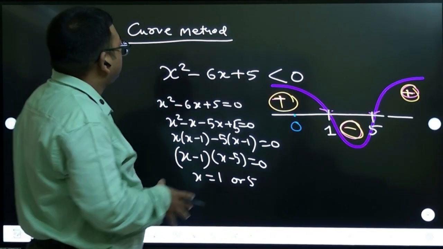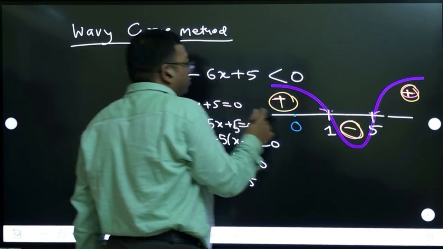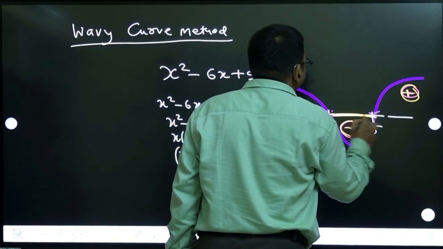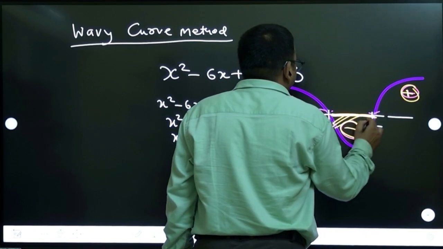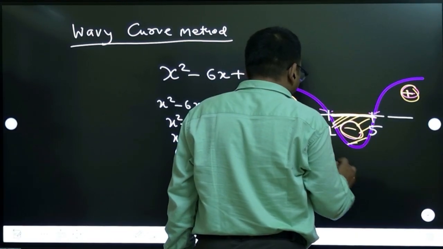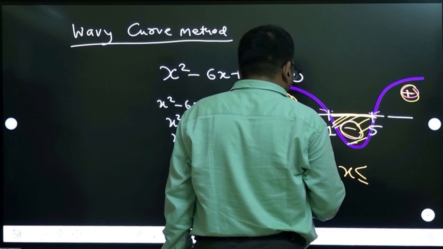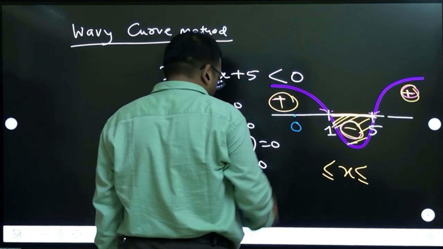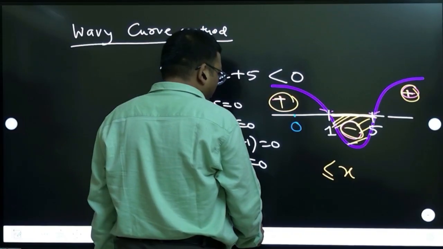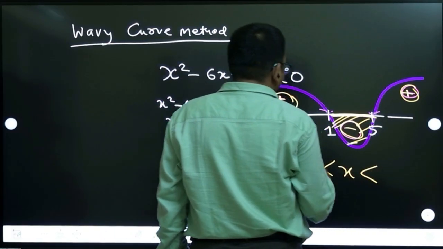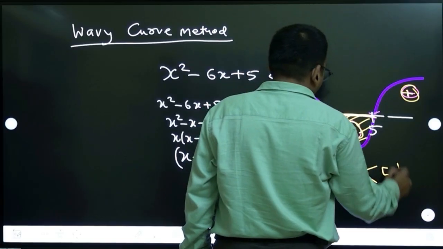Suppose they say we want negative values; then we need the values of x between these roots. Equality is not there, so don't put equality. So x must be between 1 and 5.